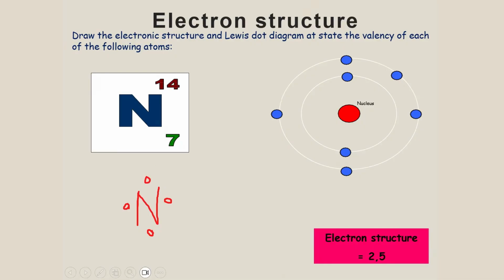We still need to add 1 electron because this is 5 valence electrons. From this structure, we know that nitrogen is trivalent. The valency is 3. It can form 3 bonds or a triple bond. Why? Because it has 3 unpaired electrons.